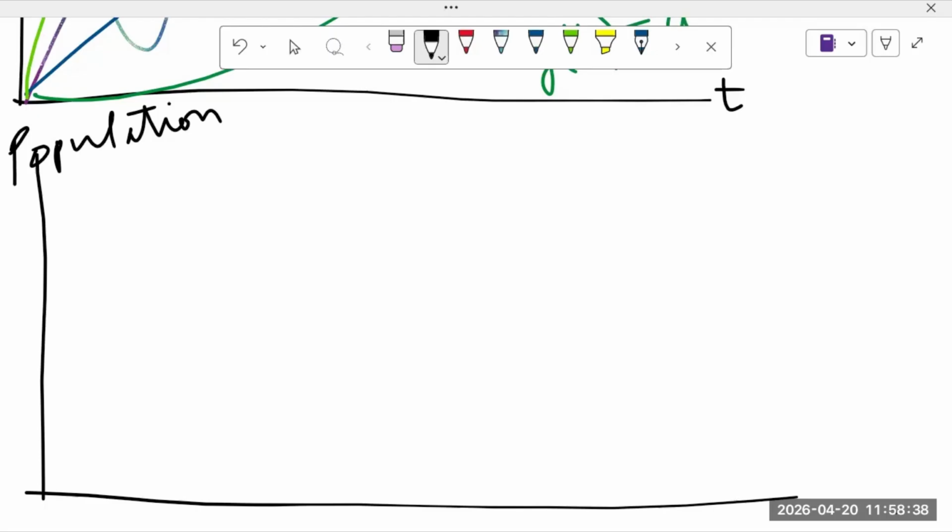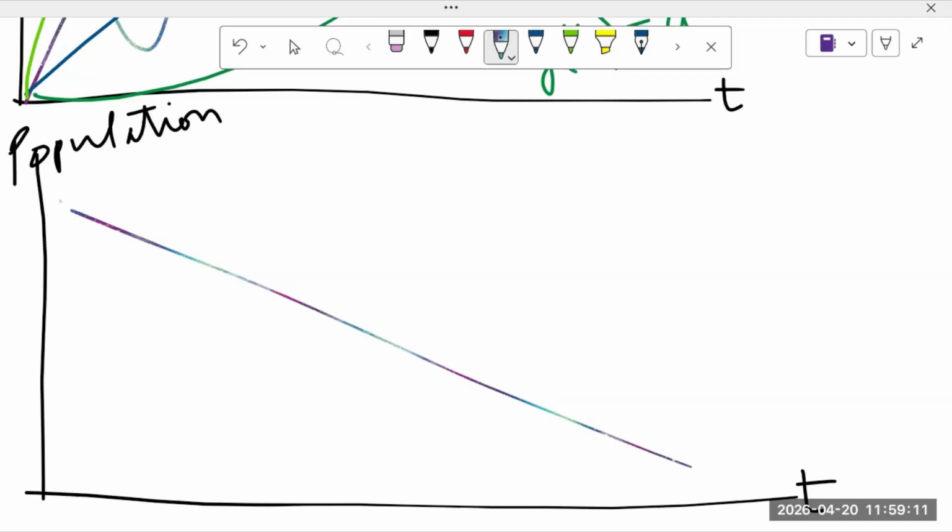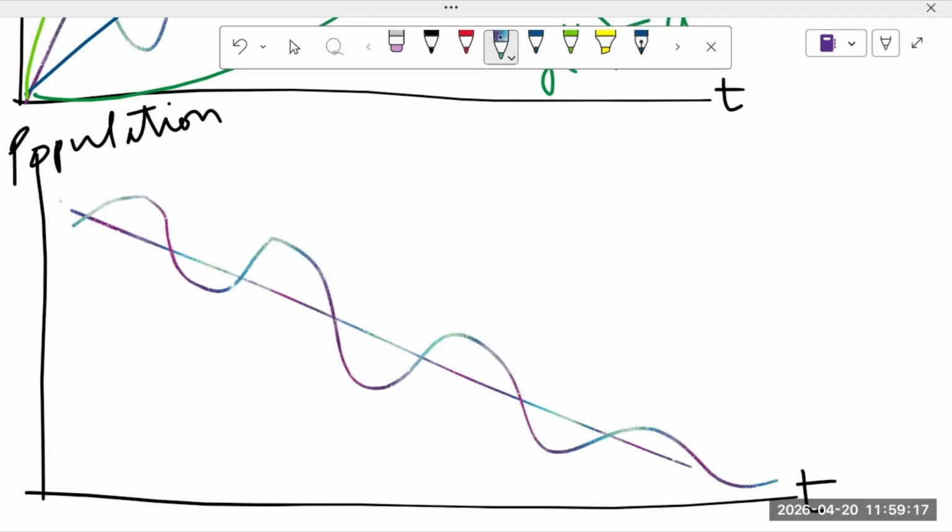Amortization showed you how the principal decays over time. But whether it is principal or population, let's say there's a decay. Decay can also take three possible patterns. Like a straight line, linear. But as I said, nothing in real life or nature falls in a straight line like this. This would be just an approximation of something like this.